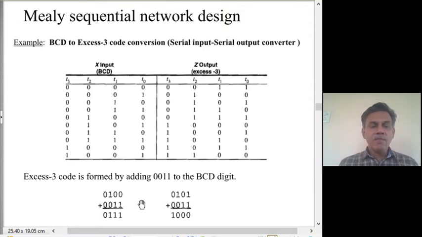Well, then by the process of conversion from BCD to XS3, we mean we have to add 3 to the BCD number. From the perspective of addition of a bit, we may have to add either a 0 or 1 depending upon which bit position we are in.